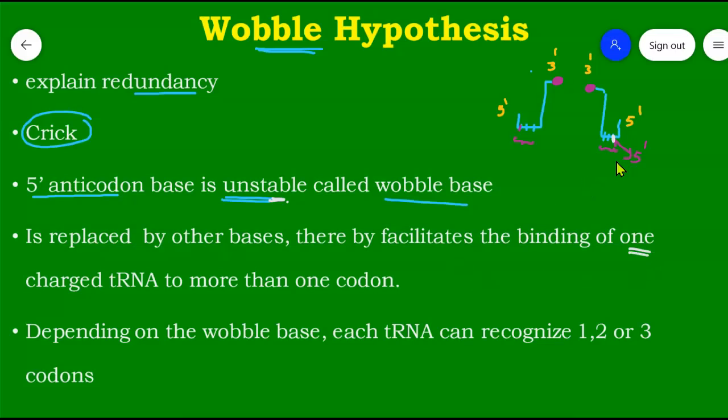The same tRNA would be there, but it can recognize more than one codon. Depending on the wobble base, each tRNA can recognize one codon, two codons, or a maximum of 3 codons, depending on the type of nucleotide occupying the wobble base.